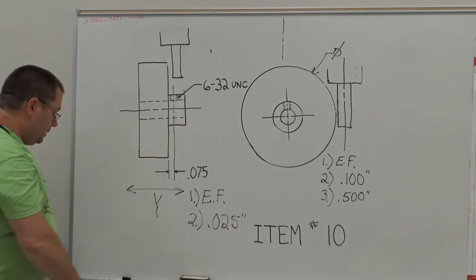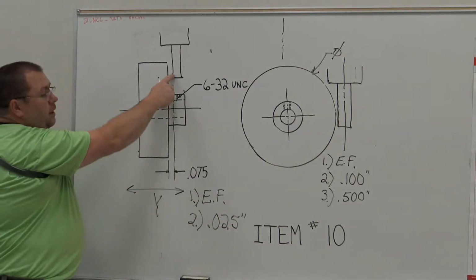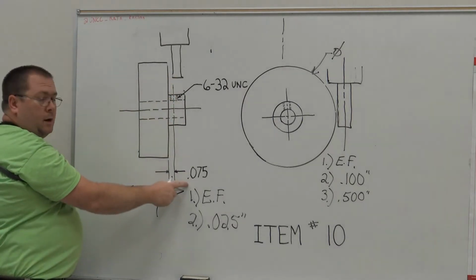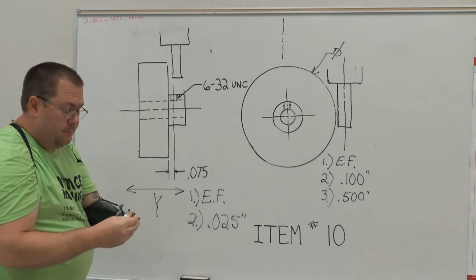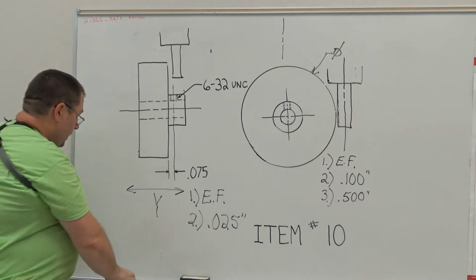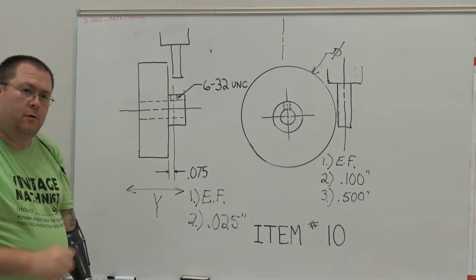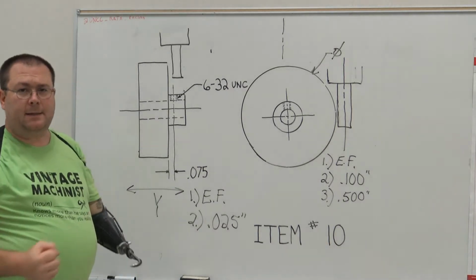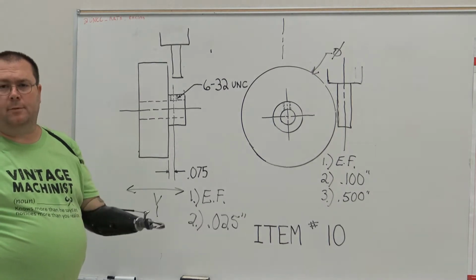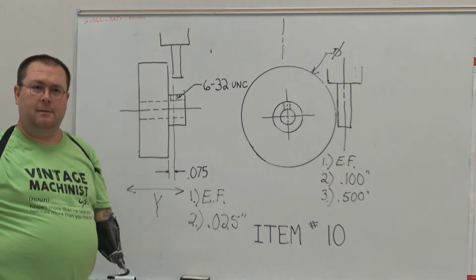That's the difference between the 100 thousandths radius and where we actually want to be, okay? Now we may have students that say, well, I moved in 100 and then I backed up 75. That puts me at the right position, right?